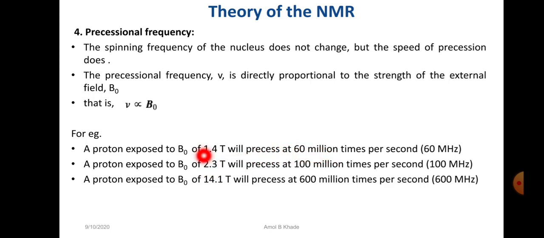Here, instead of 1.4 Tesla, if I use a 2.3 Tesla external magnetic field, instead of 60 million times per second, the frequency changes from 60 to 100 megahertz, and so on. This is a simple theoretical relationship which indicates that nu is directly proportional to B0.